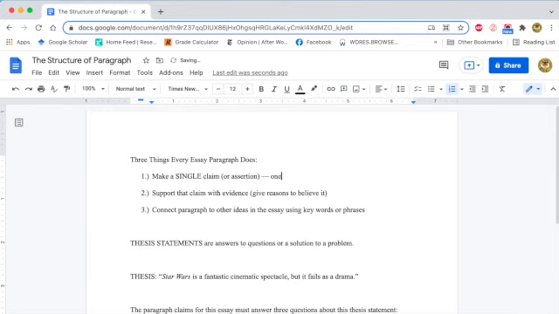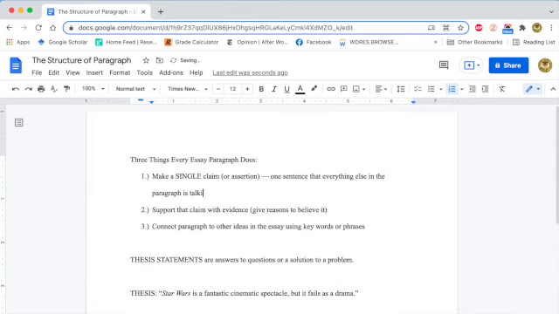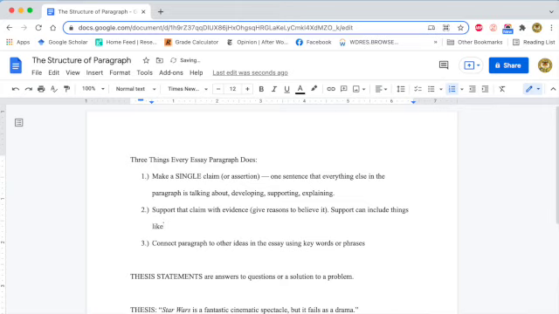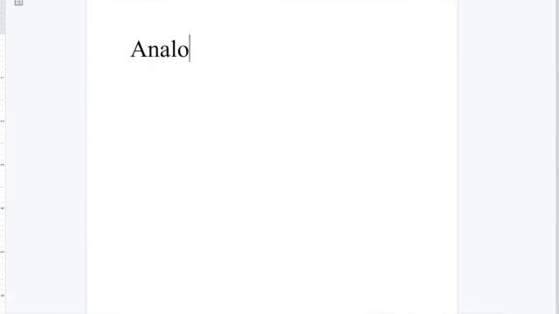What I want you to do is make sure, one, that each of your paragraphs has one claim. There has to be one sentence that everything else in that paragraph is talking about. And two, that you have supported whatever claim you've made.